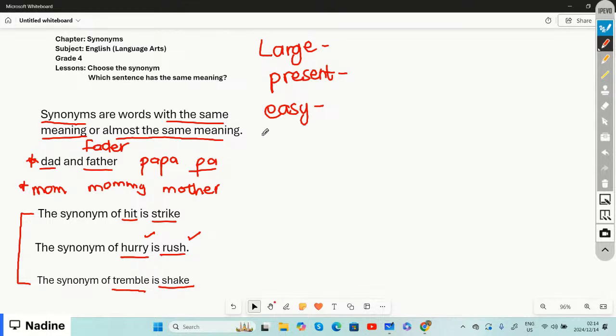What is the word if something is not easy, right? Then it is difficult. What is another word for difficult? What is another word for being sad? What is another word for speak?